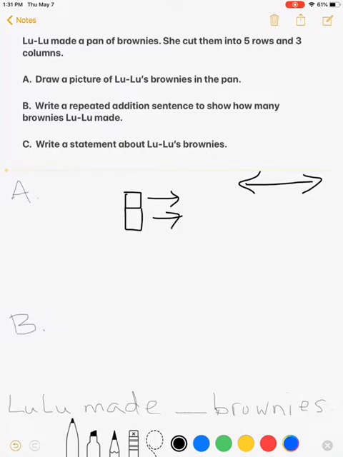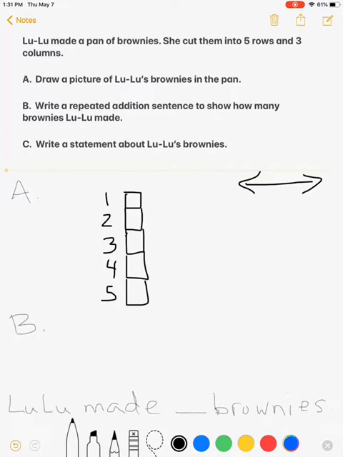And I have to remember I need 5 of them. So far I have 2. Here's my 3rd, my 4th, and my 5th. From here, I'm just going to erase these arrows. Right now, what I just did is I laid out my 5 rows. I have 1, 2, 3, 4, 5.